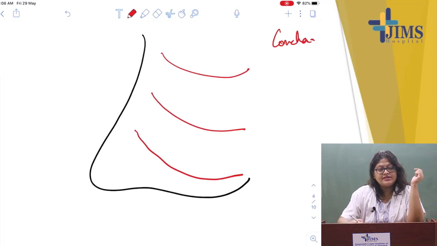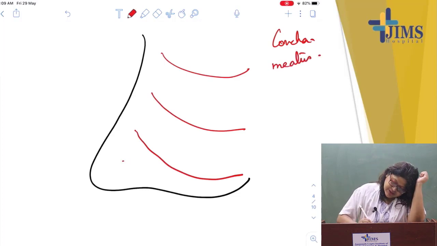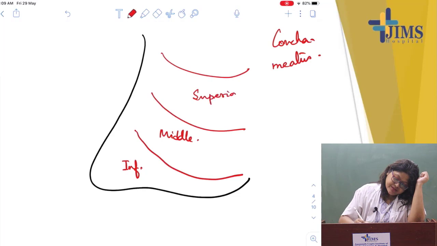And these 3 shelf-like things divide the entire lateral wall of the nose into 4 compartments which are known as meatus. So this is the inferior meatus, this is the middle meatus, this is the superior meatus, this is the supreme meatus.